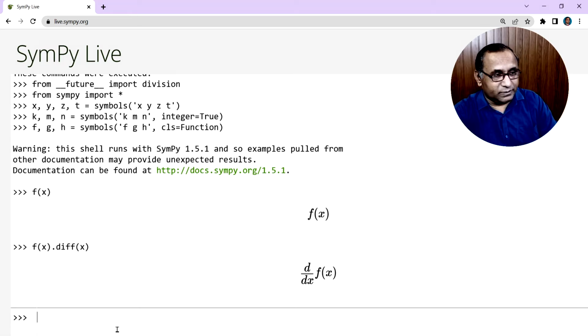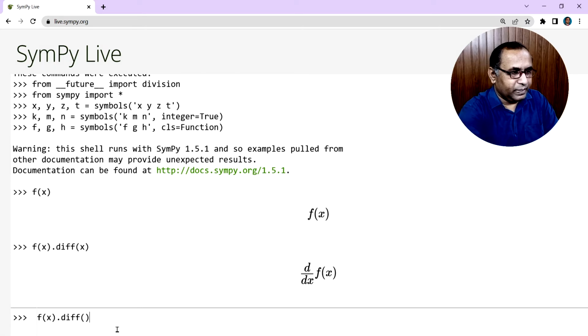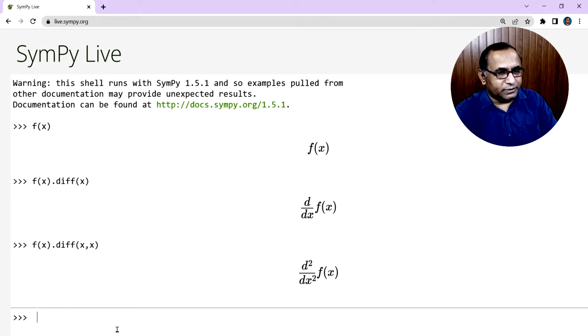If again we enter dot diff, and here we use x comma x, this will return the second order derivative, d2 upon dx square of f(x).